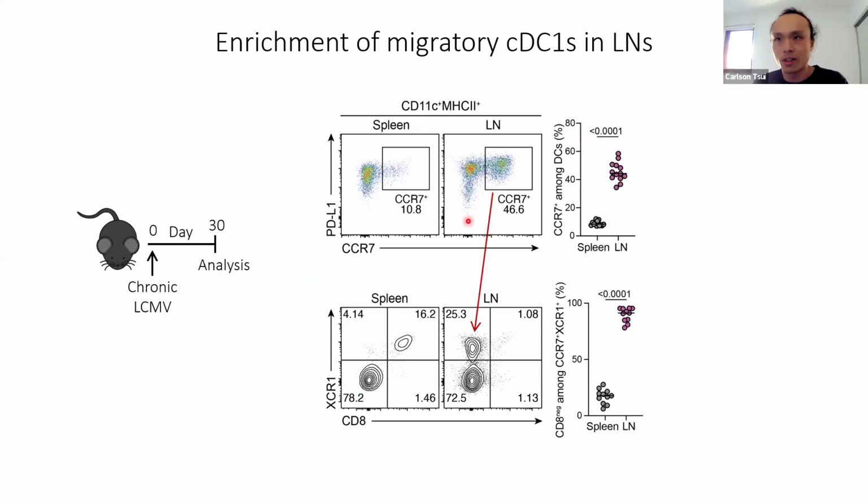We show that there's an increase in CCR7 expression within the cDC compartment, which is a typical marker of migratory cDCs, and we confirmed that cDC1s, by the expression of XCR1, from the CCR7-positive pool are mainly of migratory origin because they lack the expression of CD8 alpha, in contrast to the splenic cDC1s, which also express CCR7.